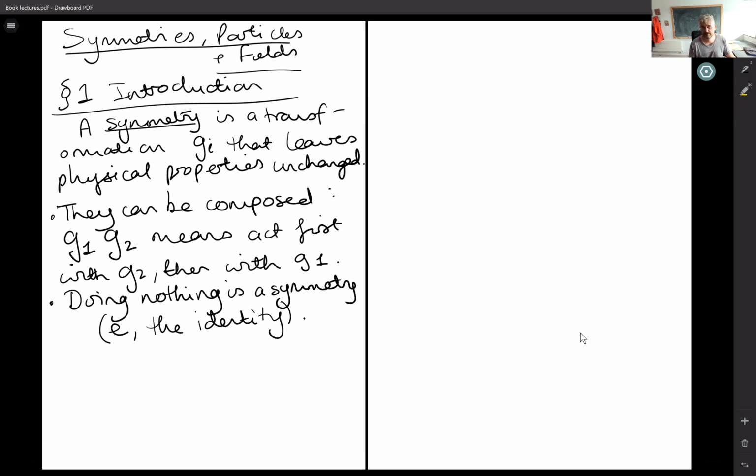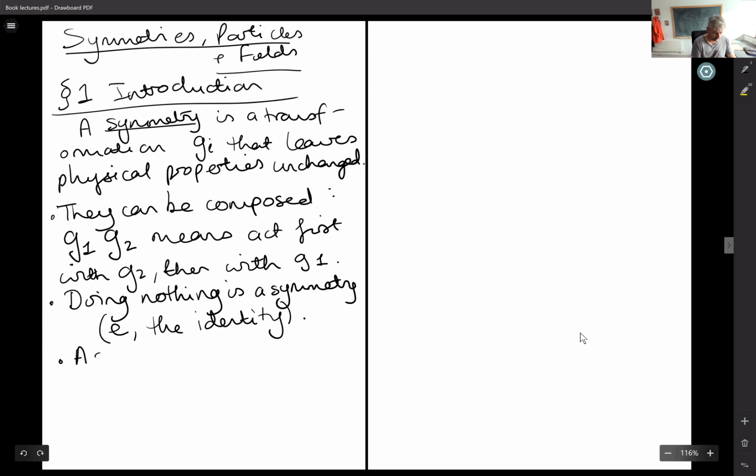So any symmetry transformation can be reversed. For example, a symmetry of an equilateral triangle is to rotate it in an anti-clockwise direction through 120 degrees. If I do that, you can't tell whether I've done it or not, it's a perfect equilateral triangle. But I can always reverse that process and rotate it clockwise by 120 degrees as well, and that's also a symmetry.